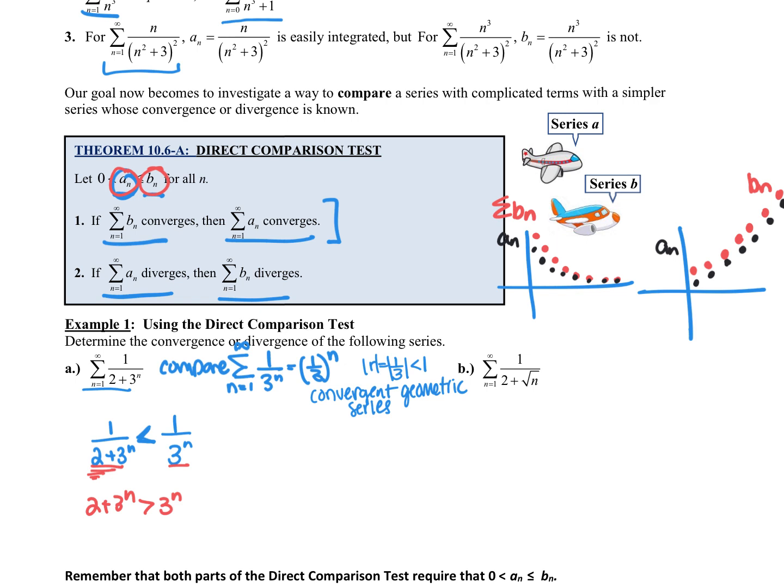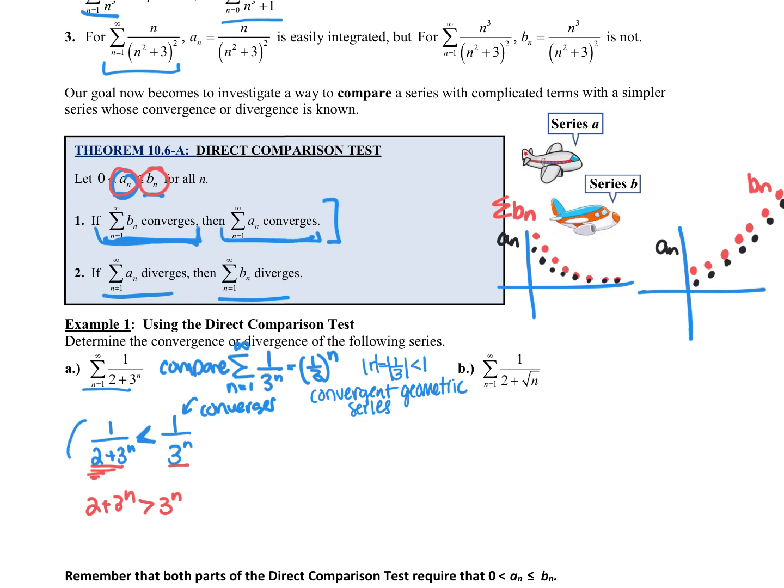So 1 over 3 to the n, we know this guy converges, and this guy is bigger than this one. So up here it says if the bigger series converges, Bn is the bigger one, then the smaller one will have to converge.